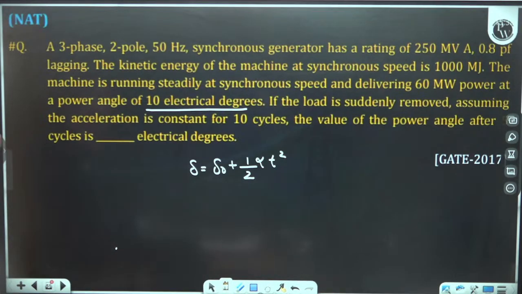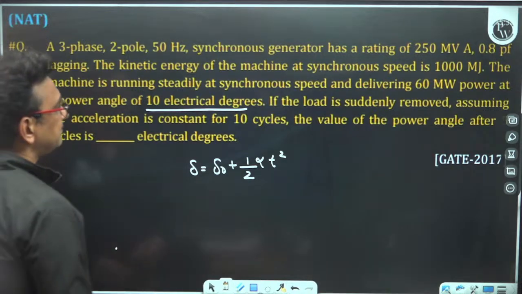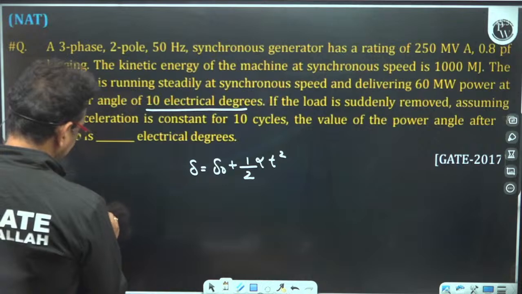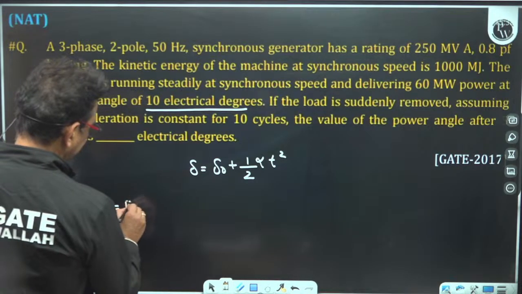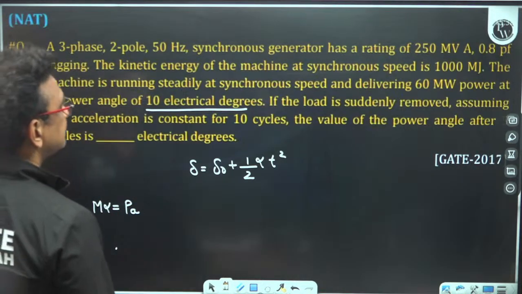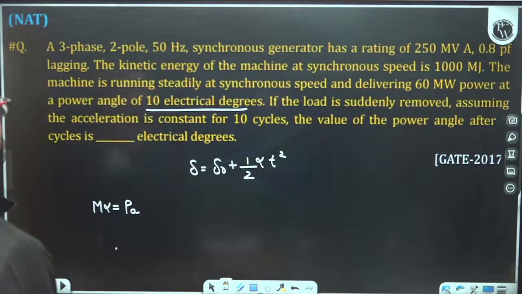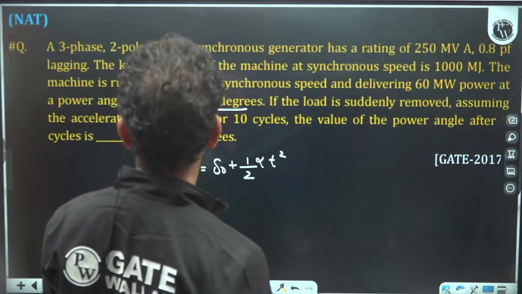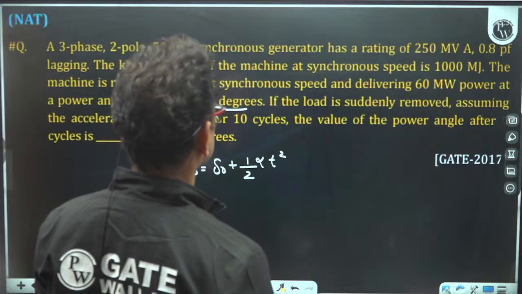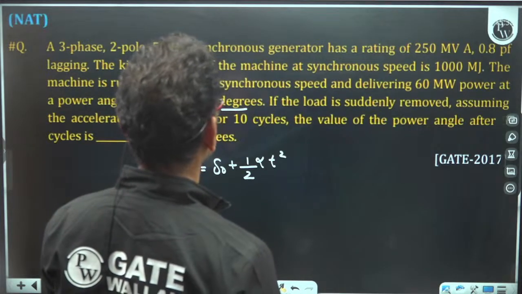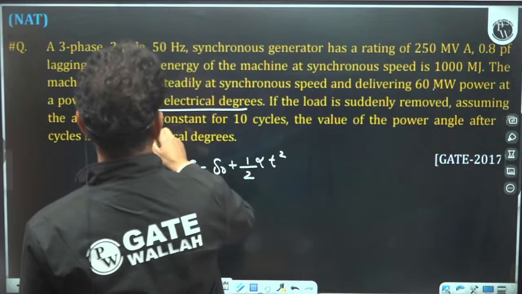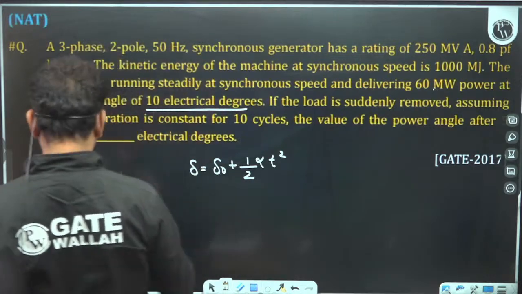Now, how to find out the time for alpha? Alpha we can find out from m alpha equals PA. PA is the input power minus output power. If load is suddenly removed, it is delivering 60 megawatt power at the power angle of 60 degree.